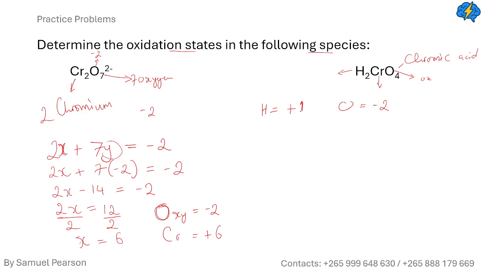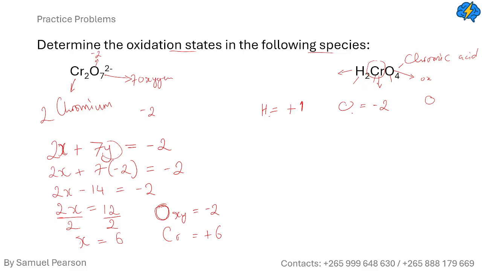Having known the oxidation numbers for hydrogen and oxygen, we remain to find the oxidation number of chromium. This will be easy. Just a reminder, when we add the oxidation numbers of hydrogen, chromium, and oxygen, we should get 0, because chromic acid is a neutral compound.